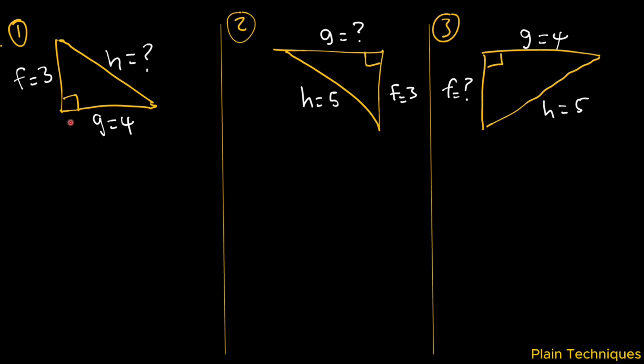For you to be able to write it down, you need to identify the hypotenuse. In this case, the hypotenuse will be the longest side and the side that is opposite 90 degrees. So hypotenuse will be h, all right? So let's go ahead and put down the Pythagoras equation.